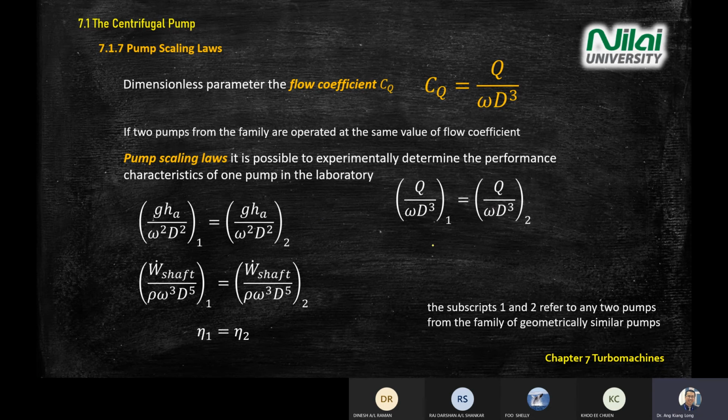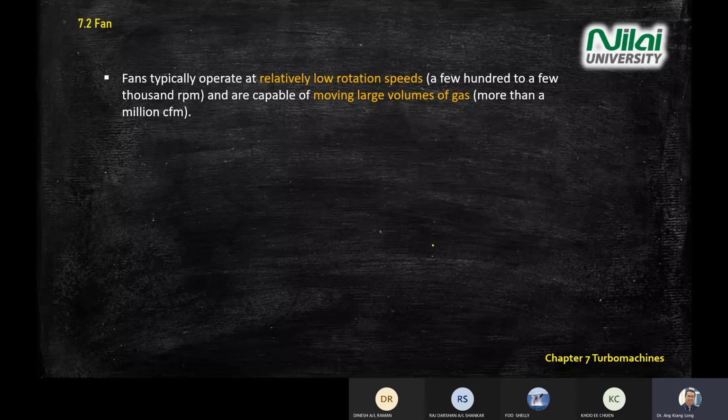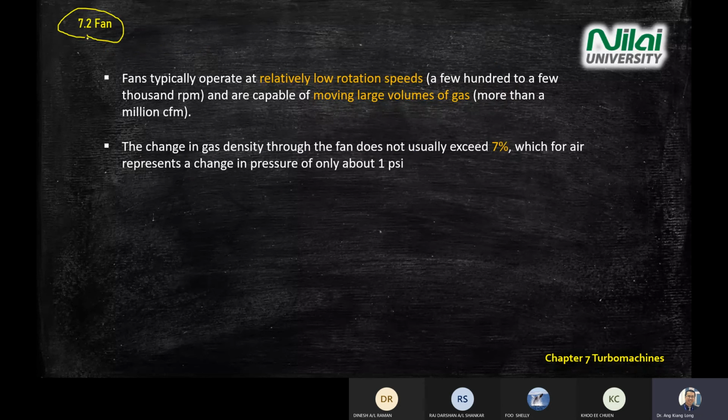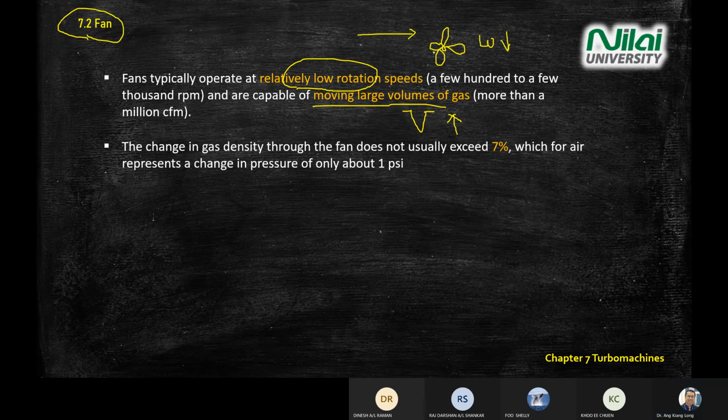What do we mean by fan compared to pump? For a fan, the rotational speed is low, omega is low. However, the volume of gas it moves is big compared to a pump.